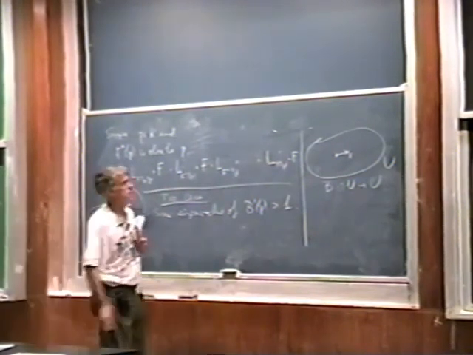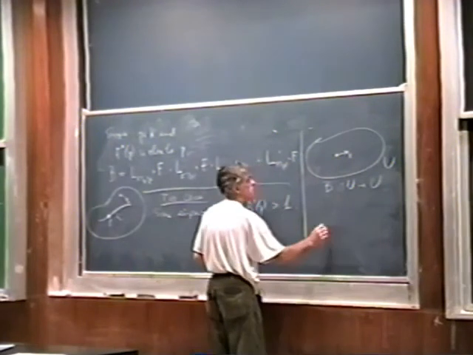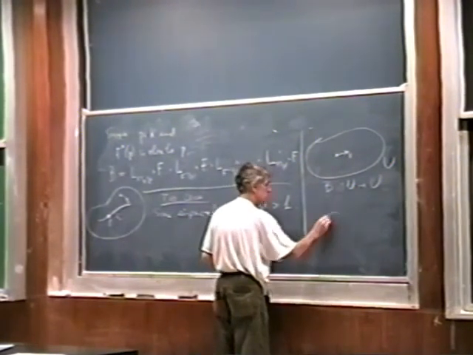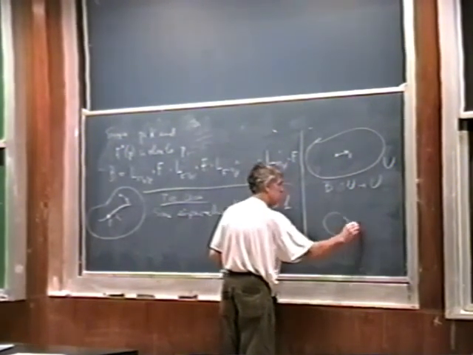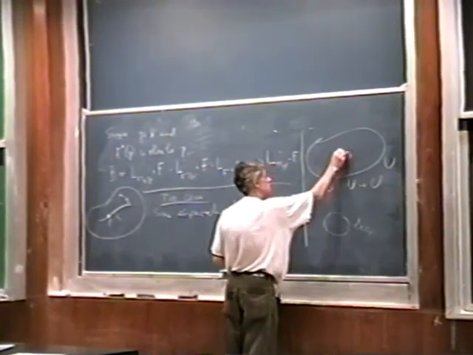So the way you can think about it, now you have an unstable manifold, but you can think of it also that you have a mapping from the disk to this thing.